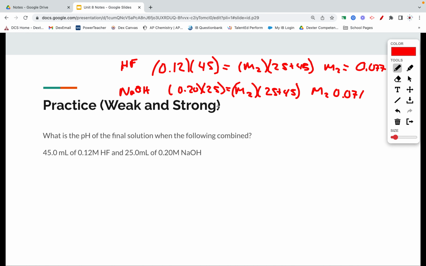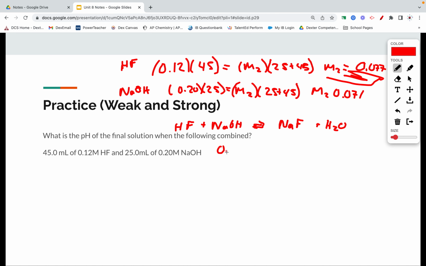Alright, so before we decide which one is in excess, we have to first make sure it's a 1-to-1. So we have our reaction, and we're going to get NaF and water. And as we can see, it is 1-to-1. So we can just subtract these two values to figure out which one is in excess, which we could just look at and obviously see that there's more hydrofluoric acid, so that's in excess.